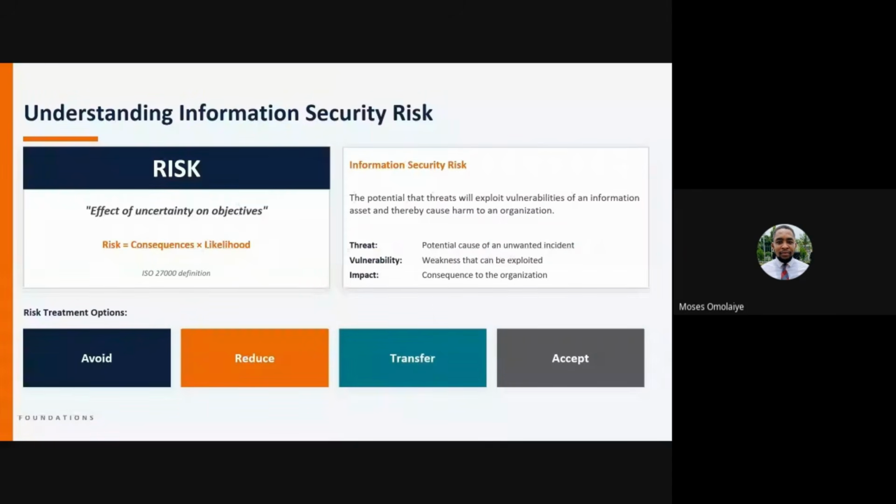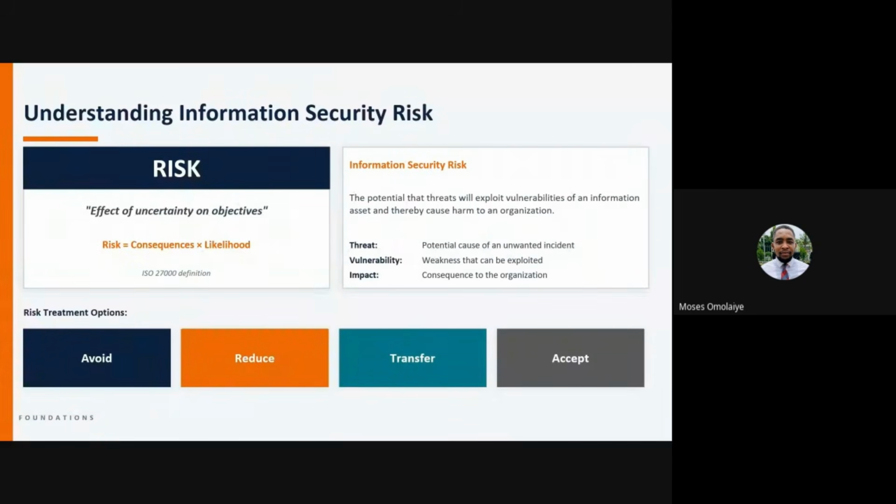So a threat cannot act unless there's a vulnerability. I'll give an instance. If the vulnerability is you not locking your door, God forbid, and you go to sleep, there's a possible threat. The threat actor will possibly be a thief that can take advantage of that vulnerability, step into your house, and steal things and go.